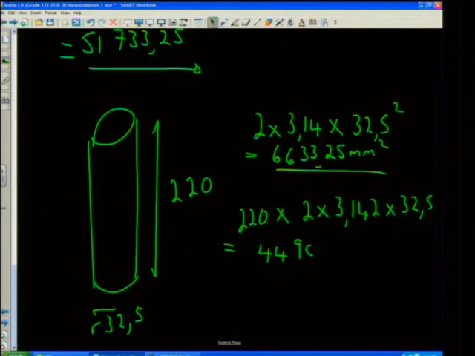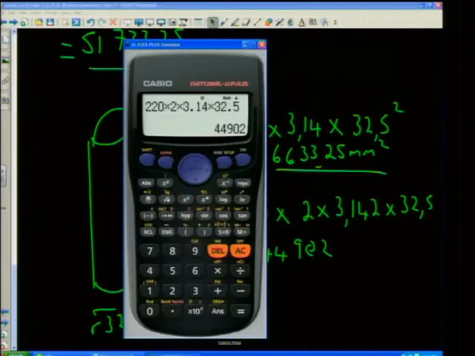Right, let's add those 2 numbers up and see what our final answer is. Plus our 6,633.25 equals, and my answer works out to 51,535.25.